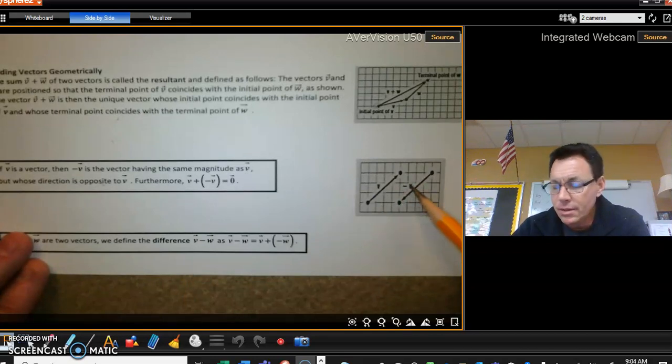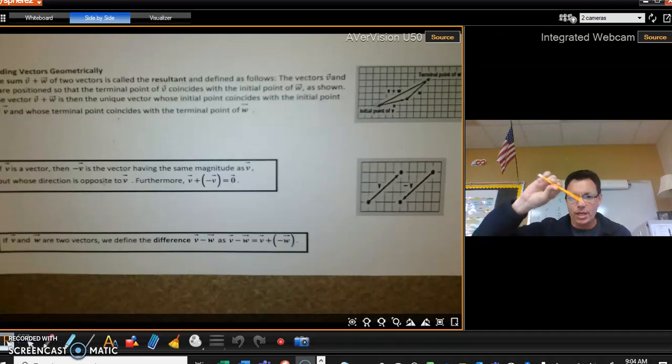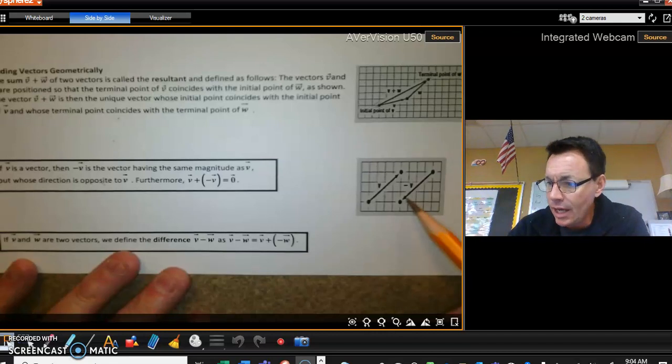Don't think of this as slope. This is the opposite of the vector. If this vector is going up and to the right, the opposite of that will be going down and to the left. Don't think of it as positive slope and negative slope; they're traveling along the same line. It's just that the arrowhead is on the opposite end.